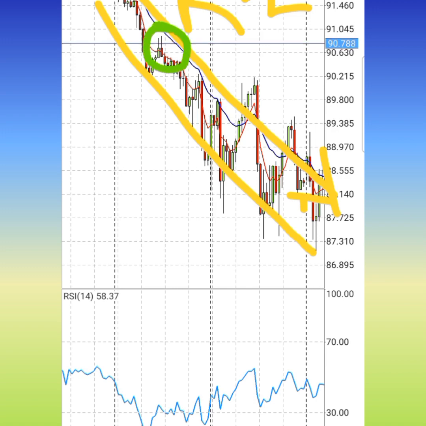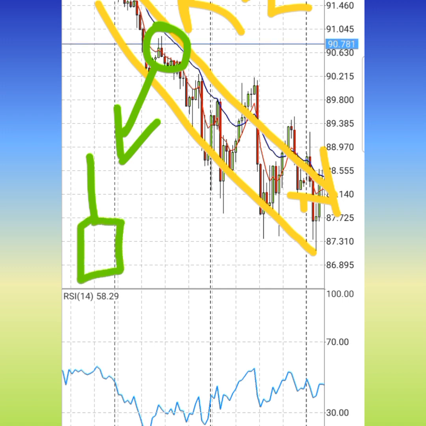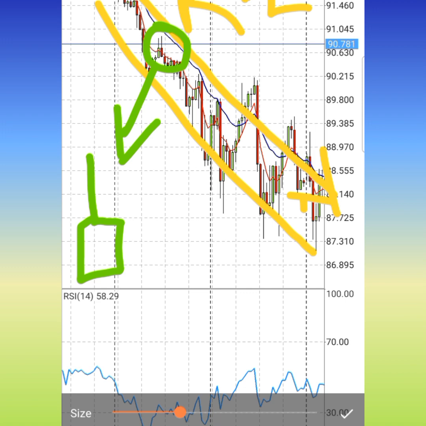This is a 4 hour chart, and after 4 hours, this railway track here is forming what we call a combination of a shooting star and the railway track. This is how the candle formed.